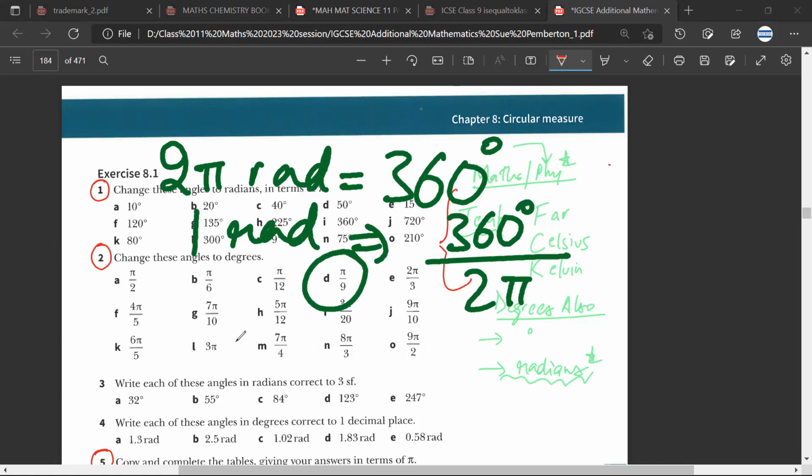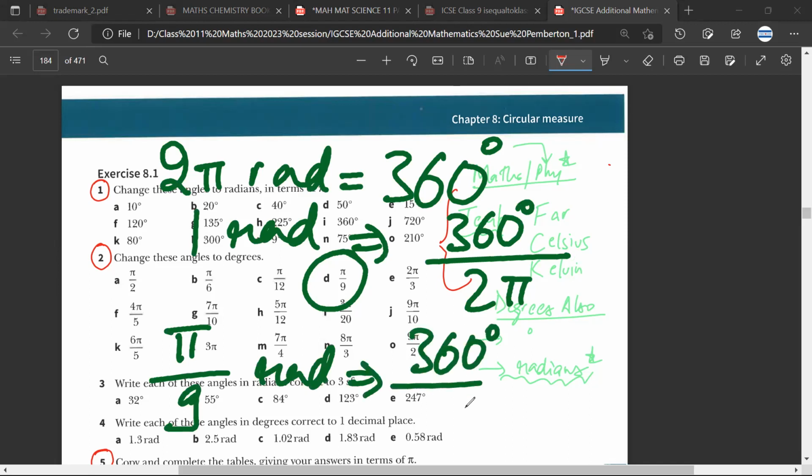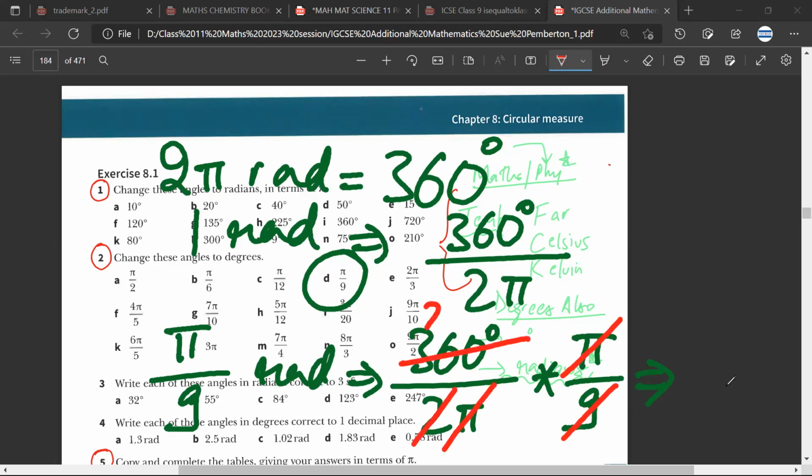Therefore, pi by 9 radian would be equal to 360 degrees by 2 pi into pi by 9. So, pi and pi cancel. 9 twos are 18, 18 fours are 36 hundred. So, this would be equal to 20 degrees. Any doubt? No. Let's do another question.